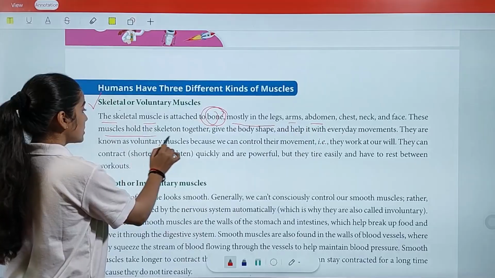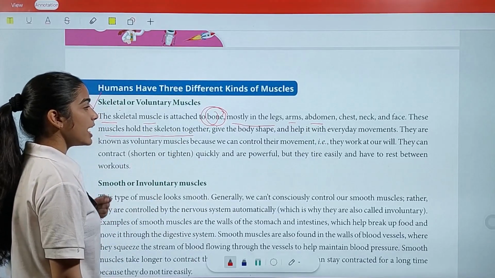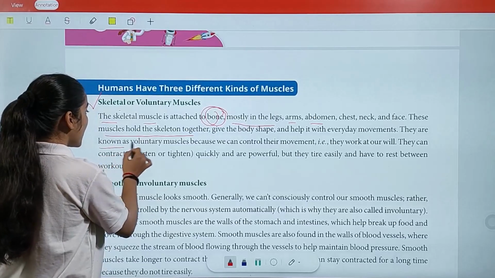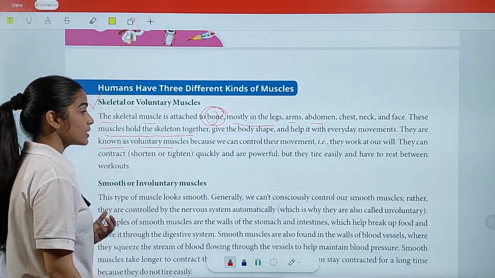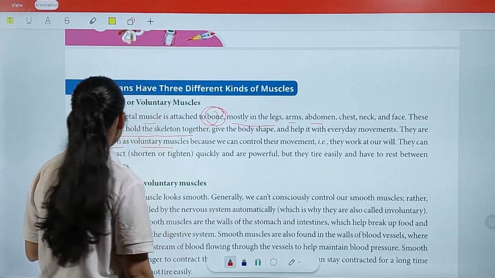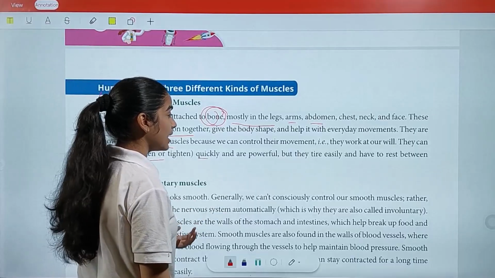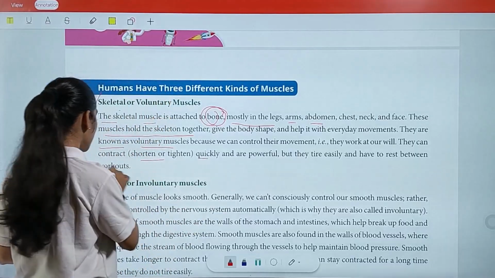These muscles hold the skeleton together, give the body shape, and help with everyday movements. They are known as voluntary muscles because we can control their movement. They work at our will. They can contract, shorten, or tighten quickly and are powerful, but they tire easily and have to rest between workouts.